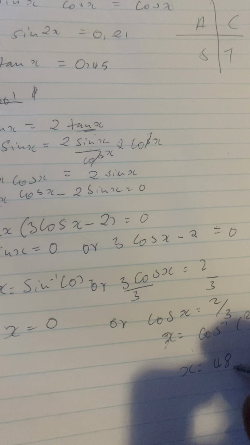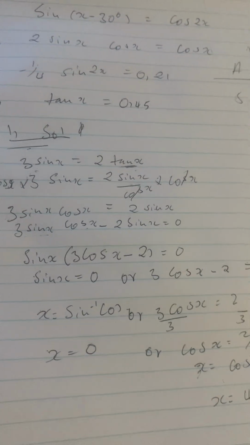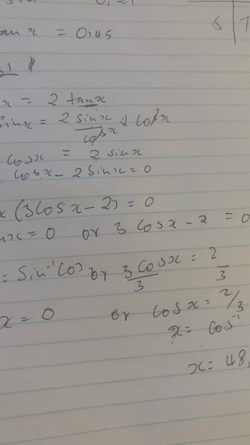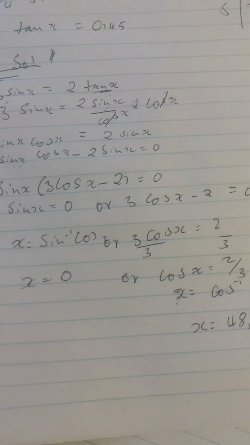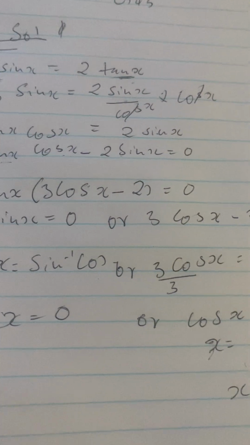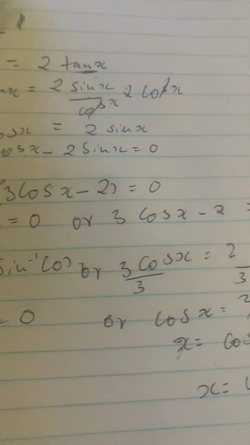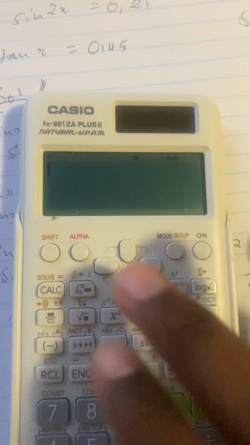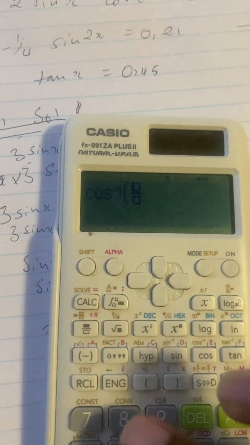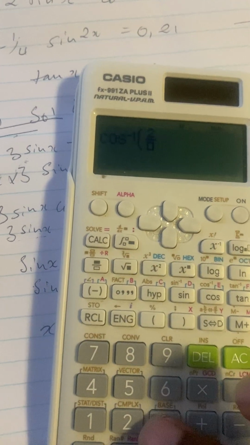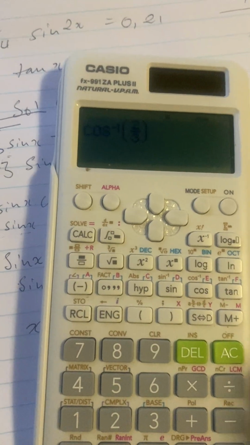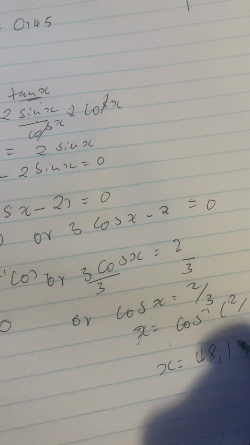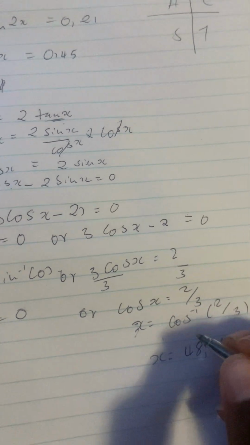We're going to get 48.19, and I'm going to round it to 2 decimal places.